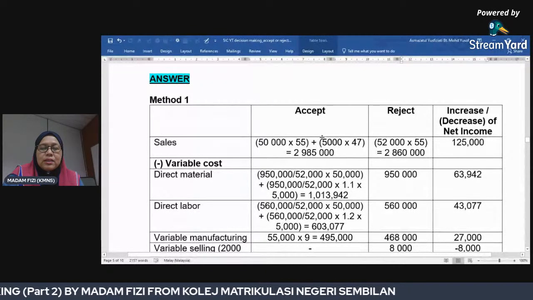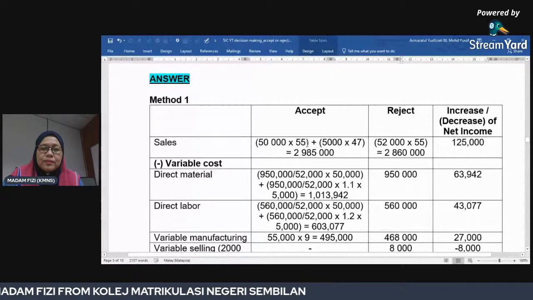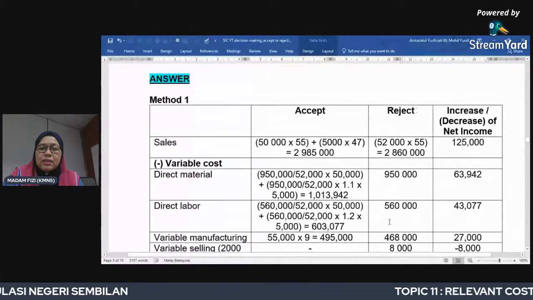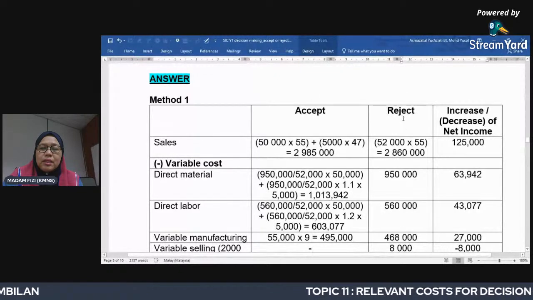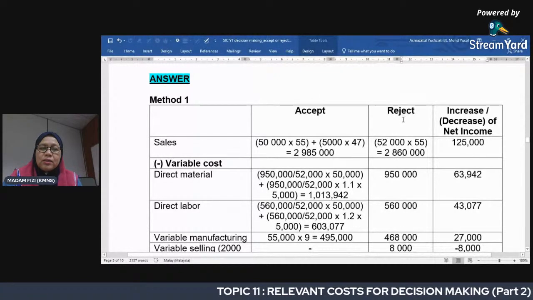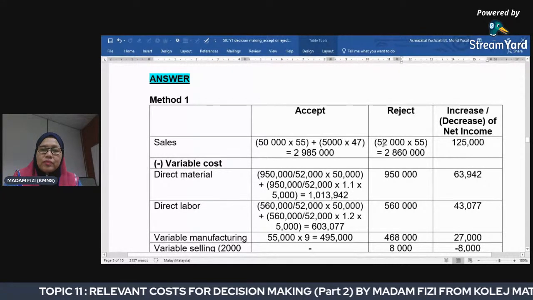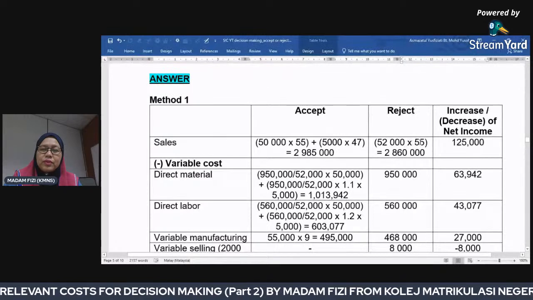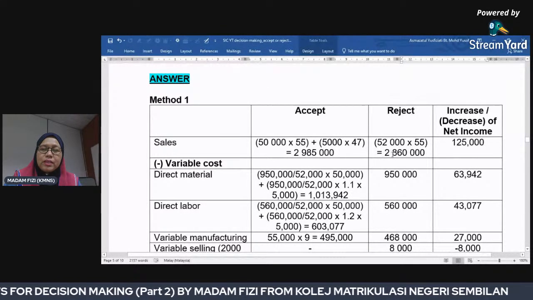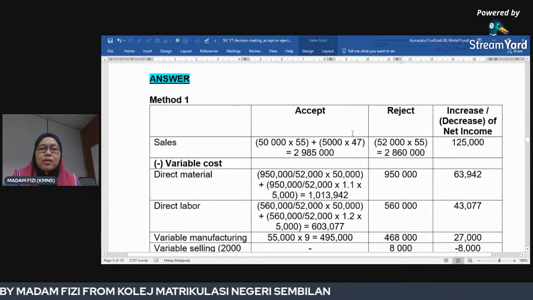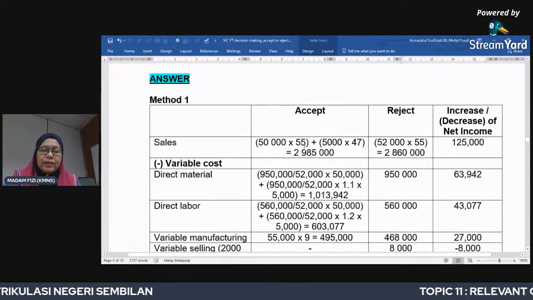Okay, in this calculation, if we reject, maknanya adalah cost sales dan juga cost yang asal. That's why 52,000 times 55 ringgit equals to 2,860,000 for the sales. For accept, jika kita accept, dia dah jadi lain.